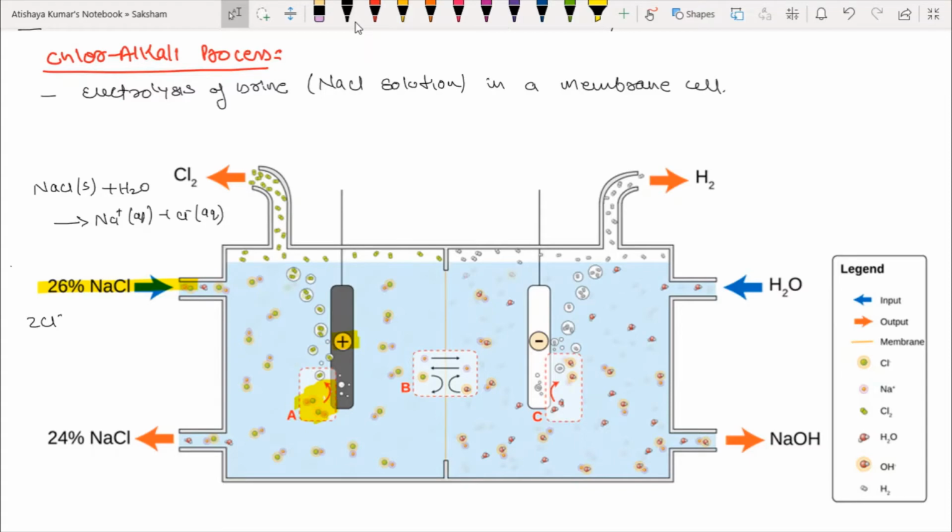Two chloride ions will lose two electrons to give one chlorine molecule at this anode, and it will rise up as chlorine gas. Now in this solution, only sodium ions are left when chlorine is liberated. That sodium ion passes across this membrane.